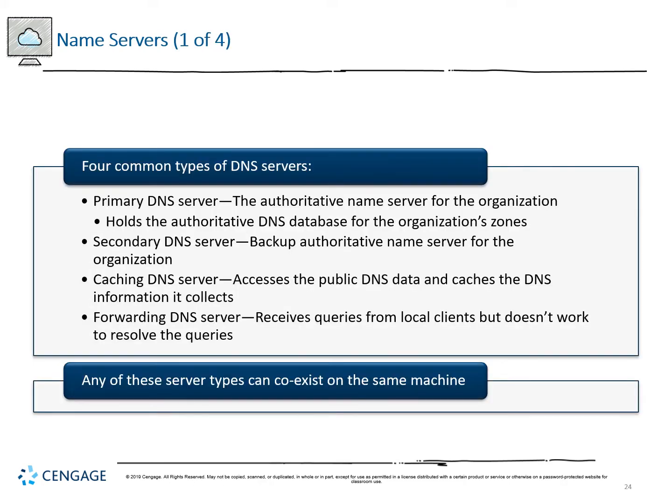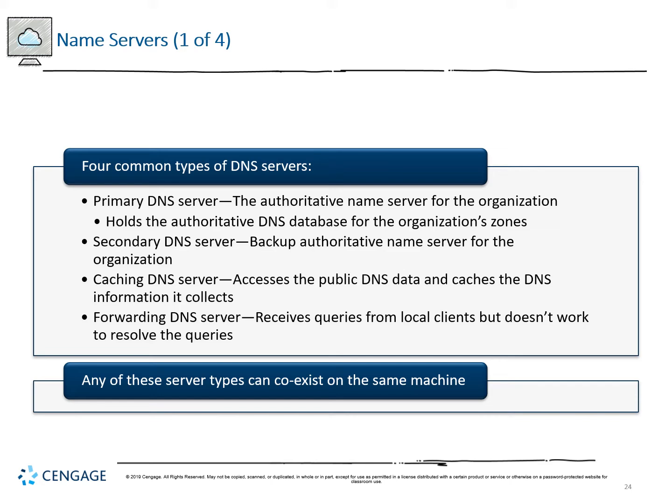So here we have the four types: primary, secondary, caching, and forwarding. So primary, as I said, is going to handle the authoritative database. Secondary is the backup, and caching is going to essentially just temporarily hold on to an easier access version of the same DNS information.